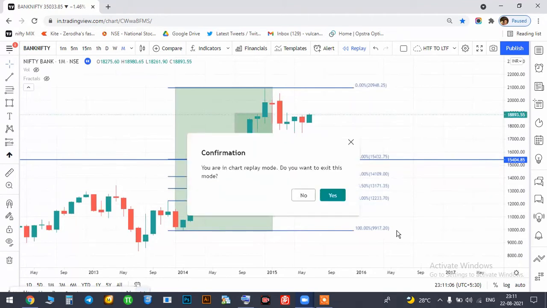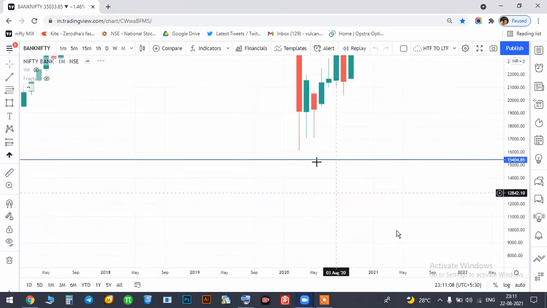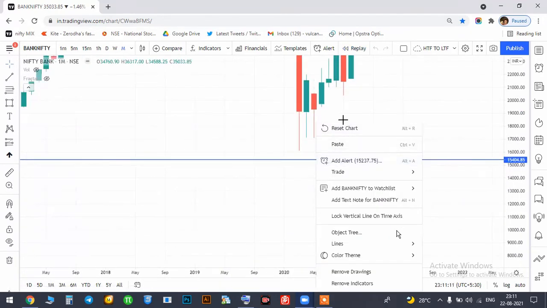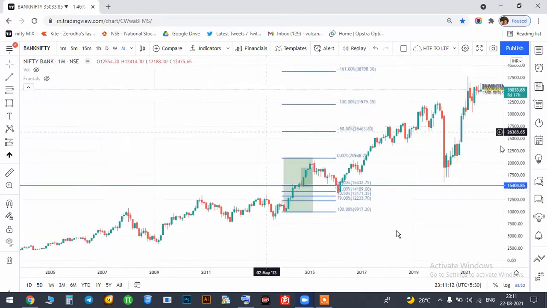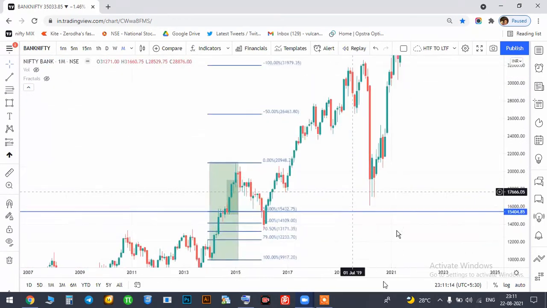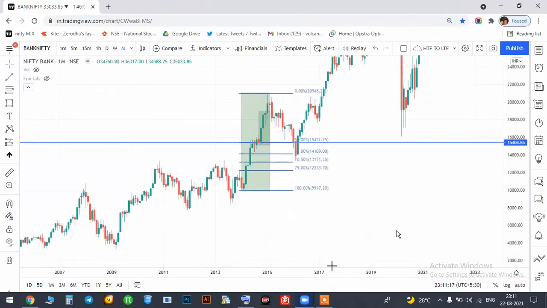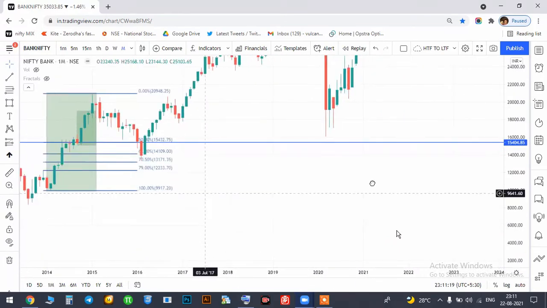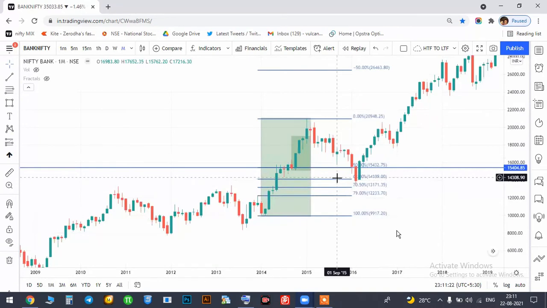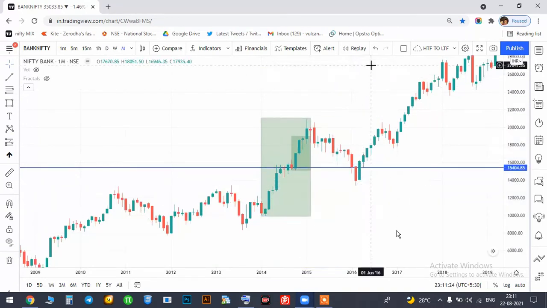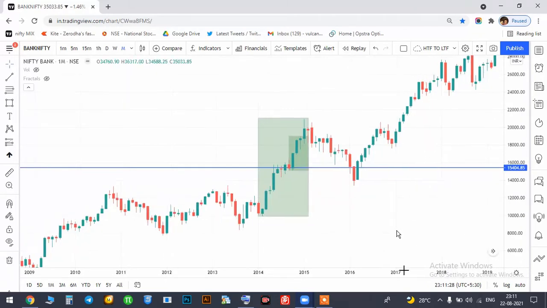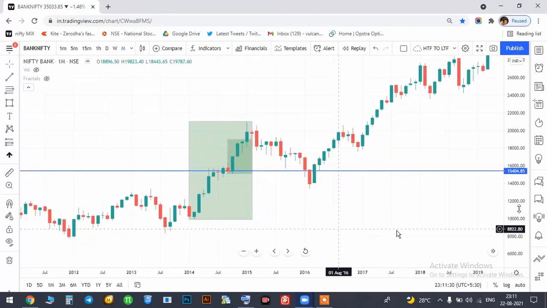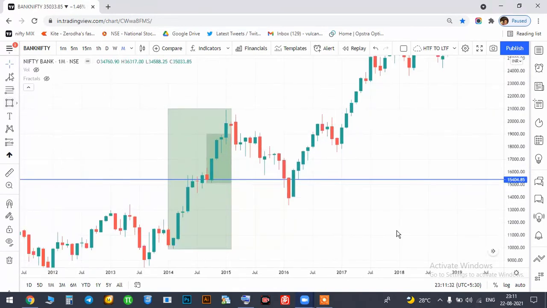Let me remove this, it will take too much time. See here what happened. Can you see? If you want to invest in the market, you need nothing else, because what I teach you is that you will not buy the market until the last red candle high is broken.